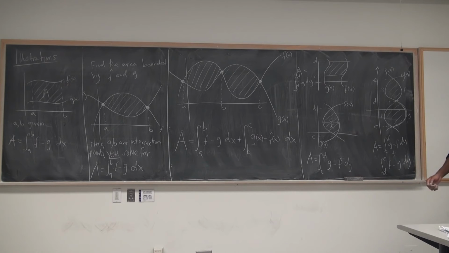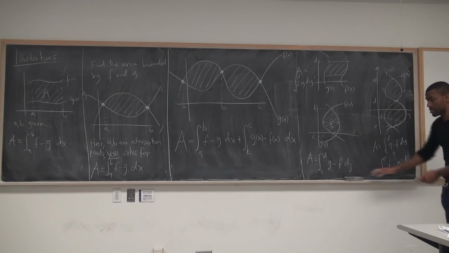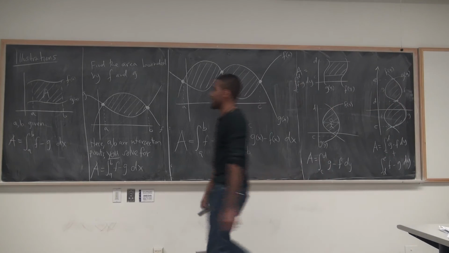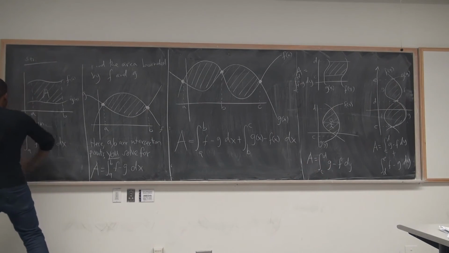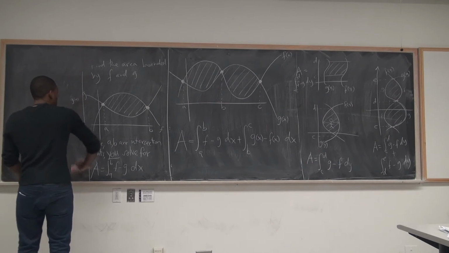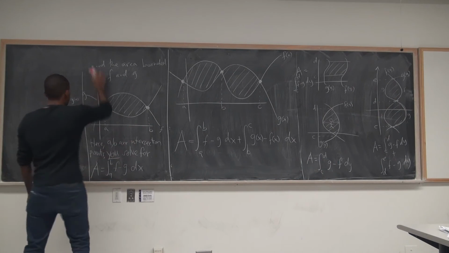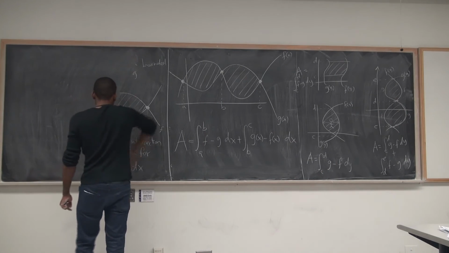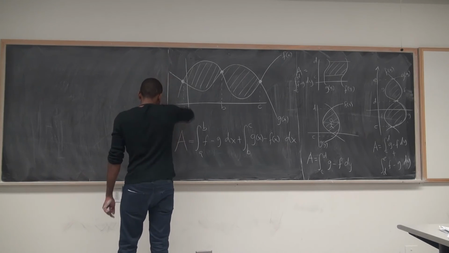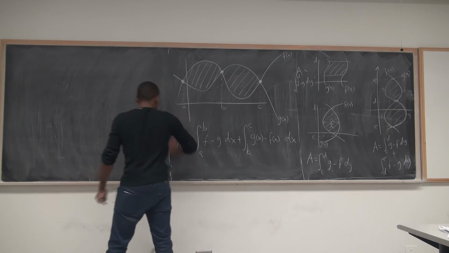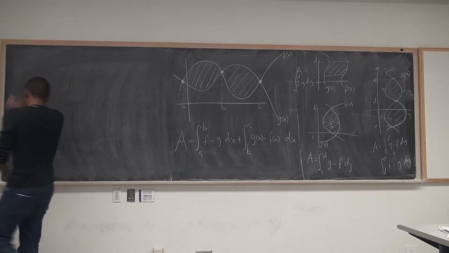Question. So what if it gives you the functions in terms of x, but you have to change it? There are times when you have to change it. So let's look at something like that, right? You have to take the inverse of it? So not all the time are we just going to give you the functions like that. That'll be too easy. Definitely not worthy of a final exam problem, that's for sure.